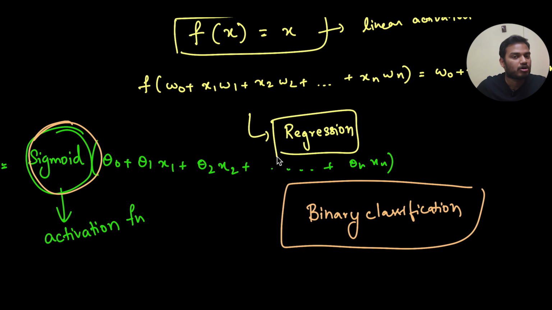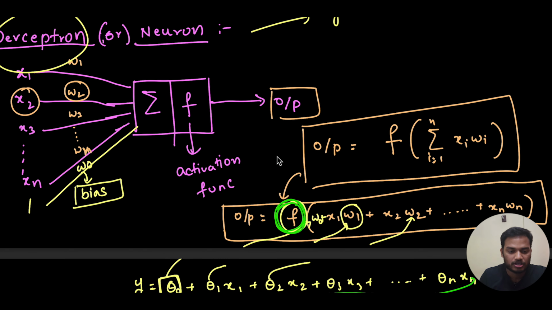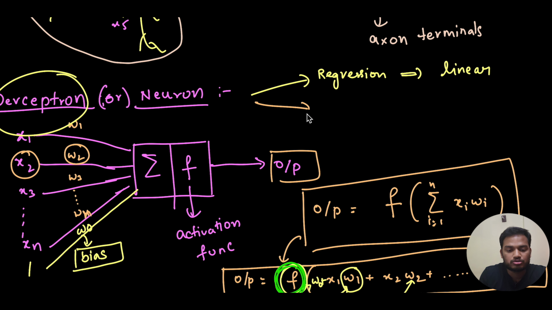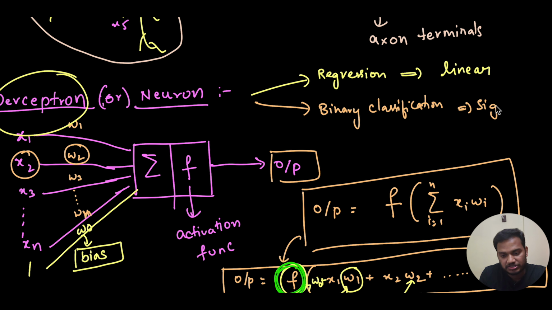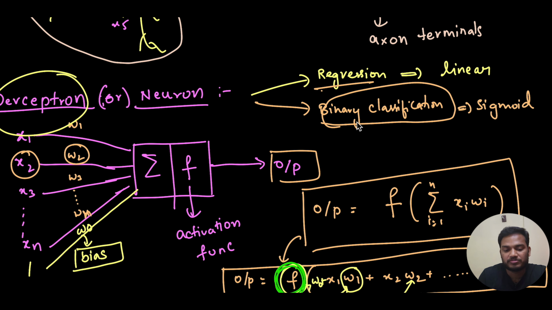Okay, so to solve binary classification problems, we can use the sigmoid activation function. So like that, a perceptron can be used to solve regression, and also binary classification problems. Okay, so I hope it is very clear how the perceptron can be used.